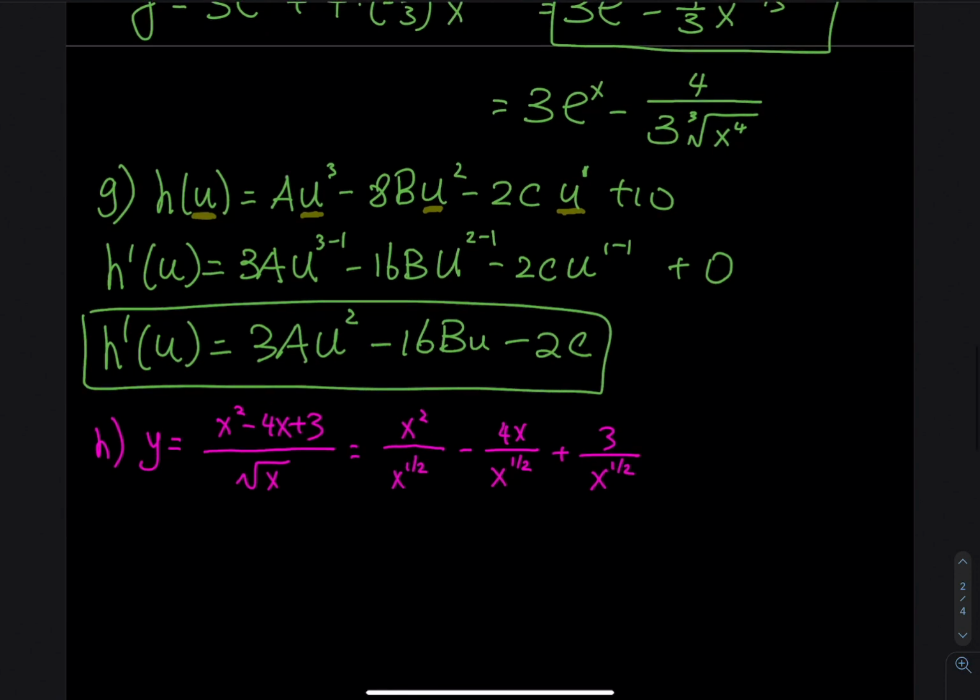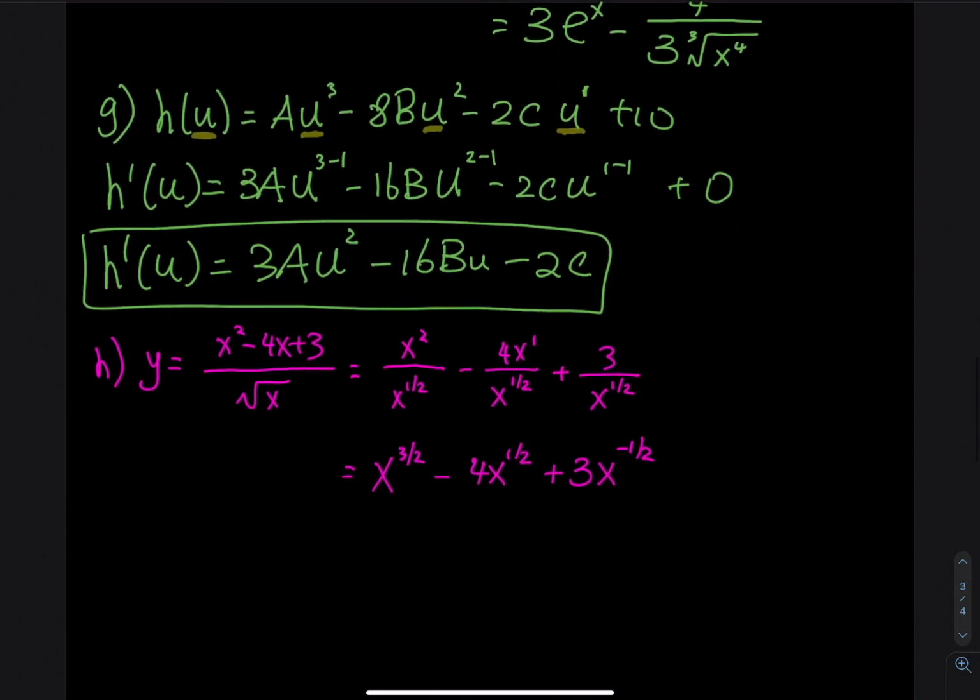So this one, what do we have? We have x to the 2 minus 1/2, 3/2, and then 1 minus 1/2, 1/2. And then this one, we don't have any power to subtract, and that will be 3x to the negative 1/2. And then we are ready to take the derivative.